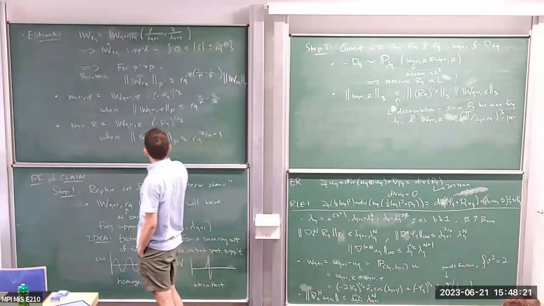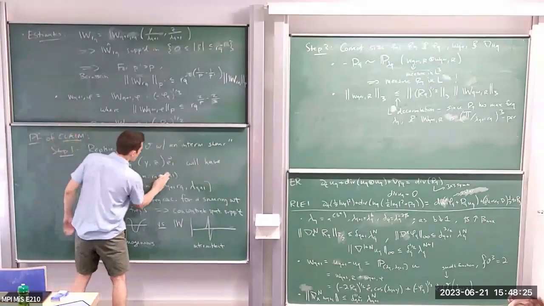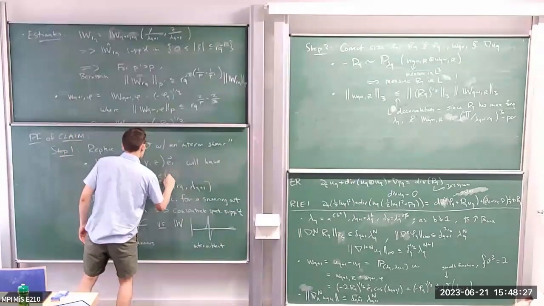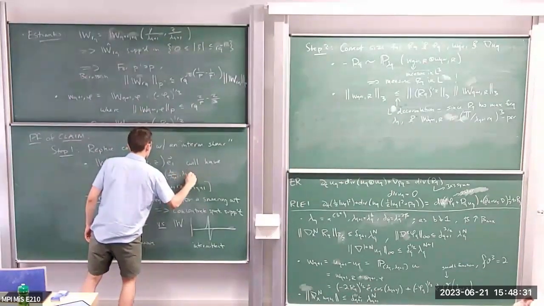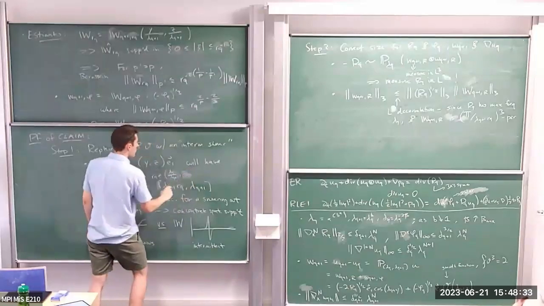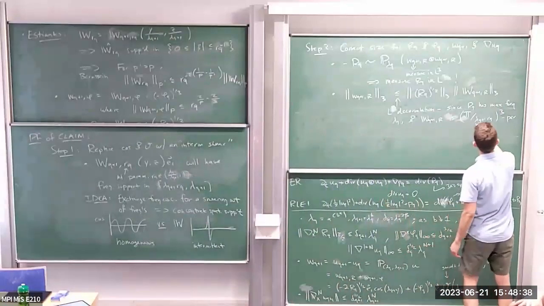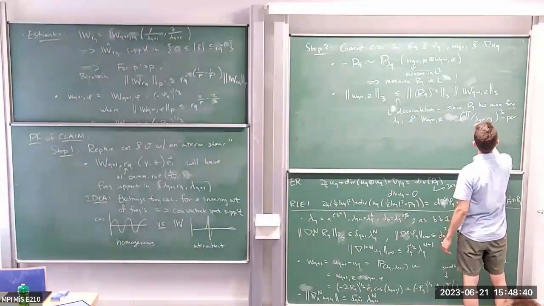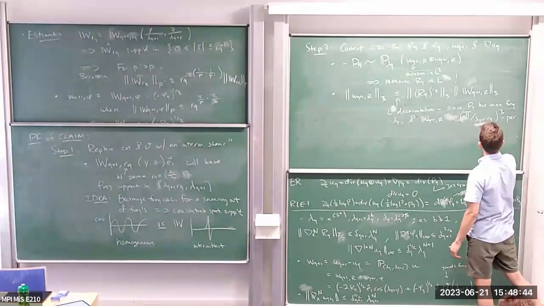As long as RQ is bigger than lambda q over lambda q plus 1, then this number here, lambda q plus 1 times RQ, is greater than lambda q.